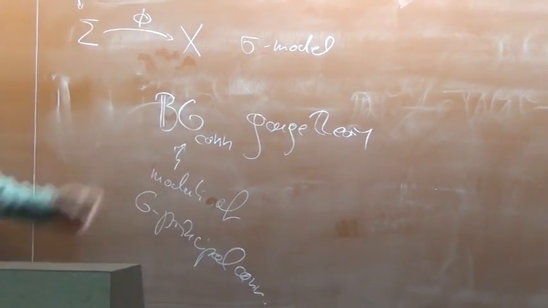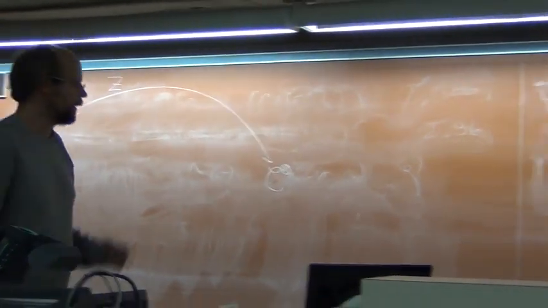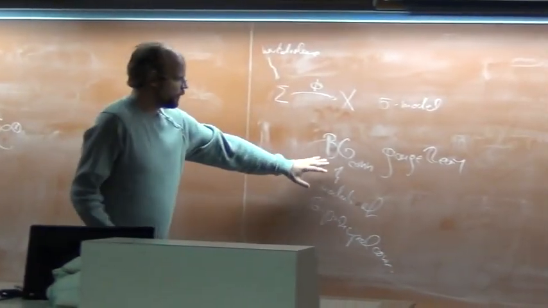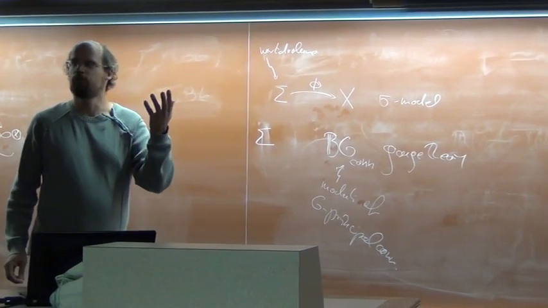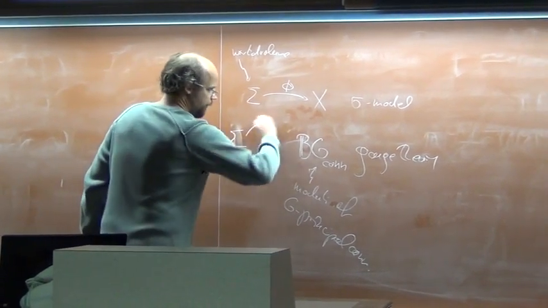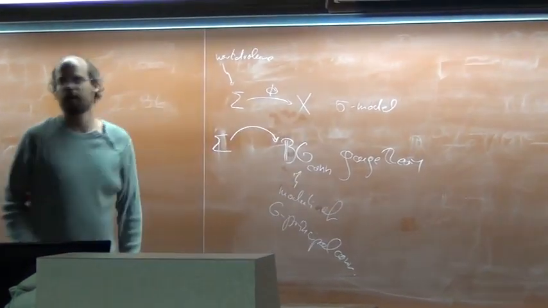So we've seen these stacks discussed a lot in Uli Bunke's talk, at least the stable version of them maybe. But whatever this thing actually is, the important point is the following property. It classifies G gauge fields in the same way that this manifold classified sigma model fields.